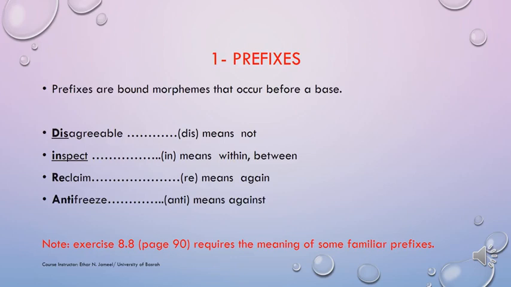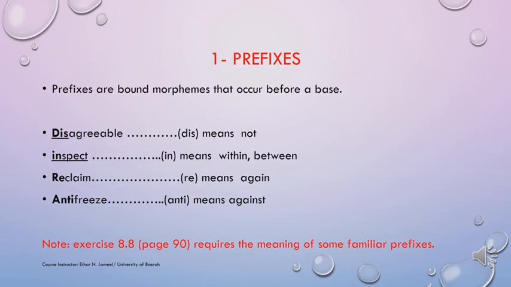But re is an affix. It doesn't carry the principal meaning of the word, although it has a meaning, but its meaning is secondary to this word. It means again. Re means again. So reclaim here has an affix plus a base. Since the affix comes before the base, the affix is called a prefix.